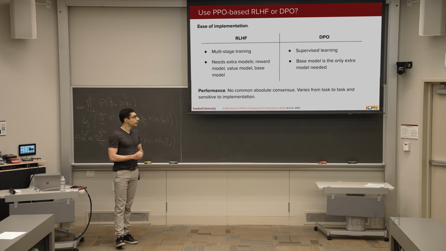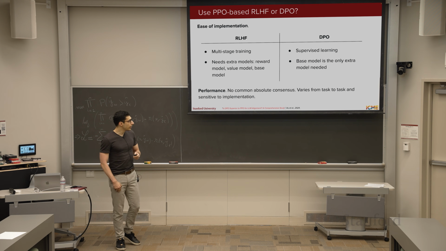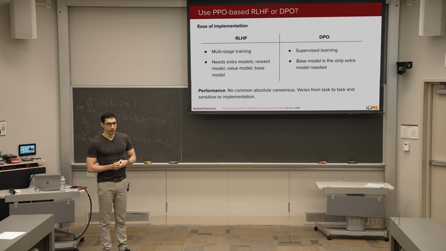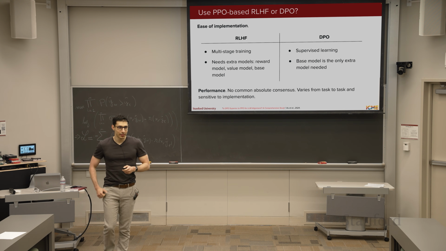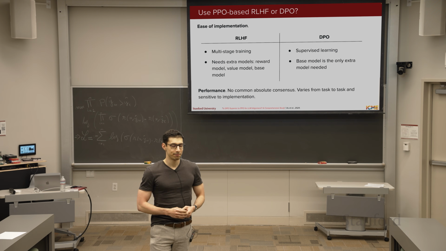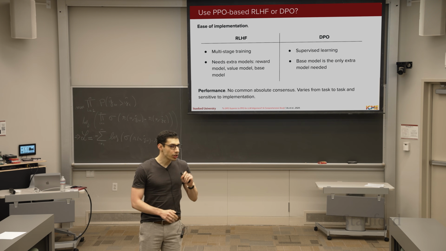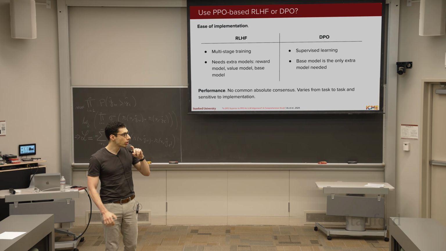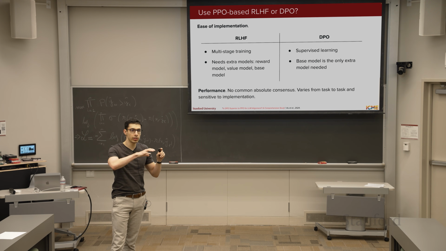Okay, great. And any questions? So the question is, you are optimizing the parameters with respect to the base model. So yes, but it's not the base model, it's the current one.